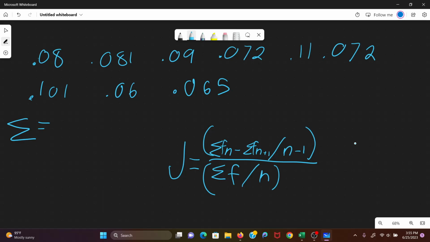Shimmer is basically the same thing. You just replace the jitter with a shimmer, and you replace the frequency with amplitude, with each amplitude.